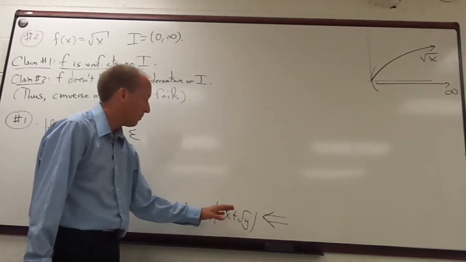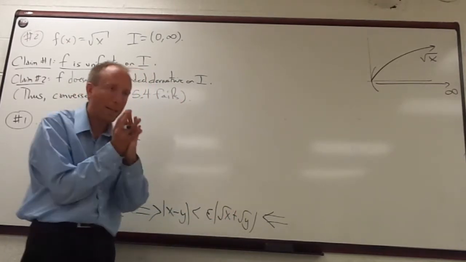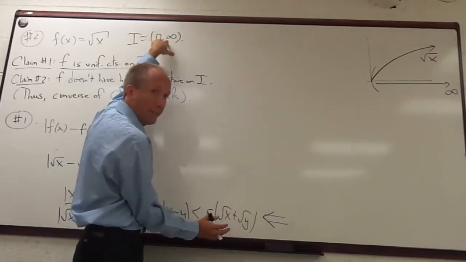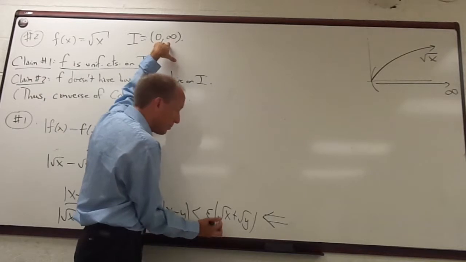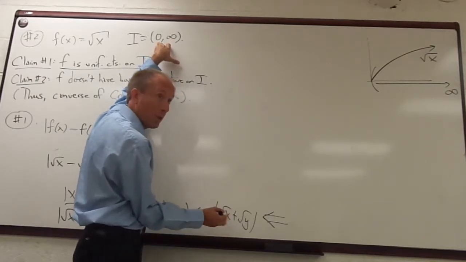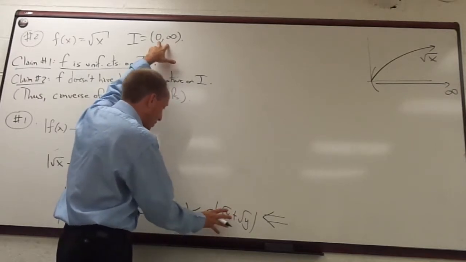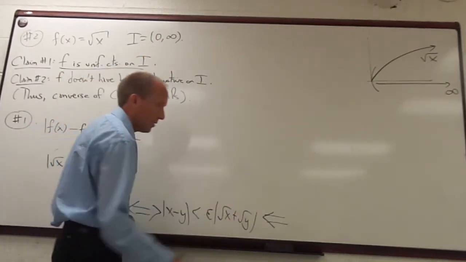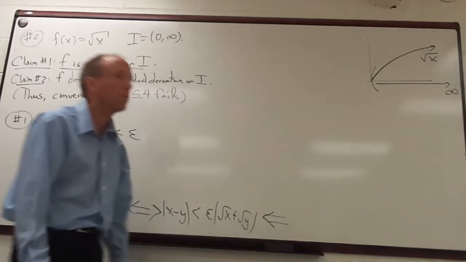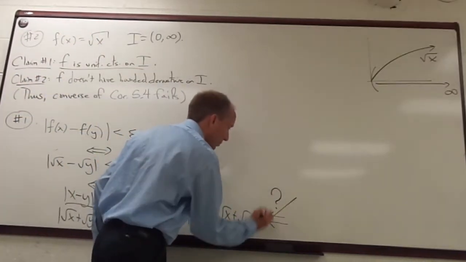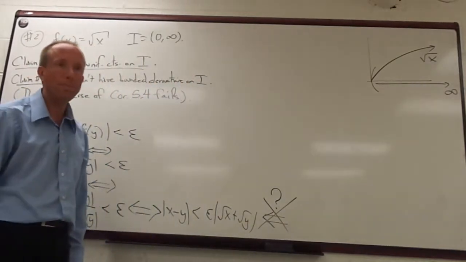I'm sorry, make it smaller. But on this interval, making it smaller means you're going to make it 0. That's the only thing you could do that would be guaranteed to be smaller than this. And if you make this equal to 0, then you've got the absolute value of x minus y less than 0, which isn't true ever. So this is not going to work very well.